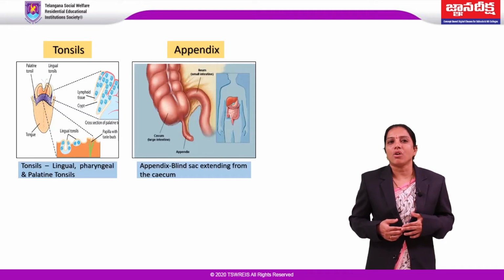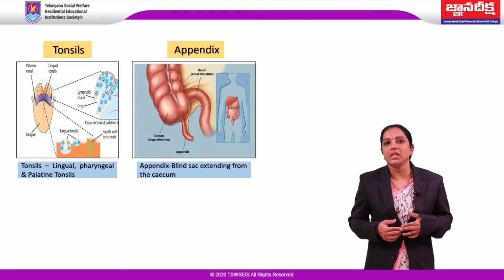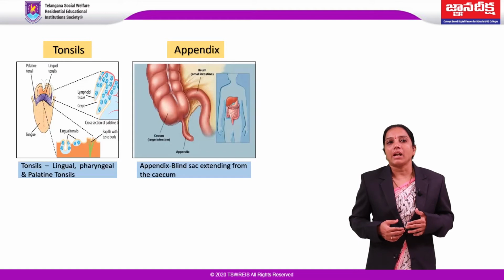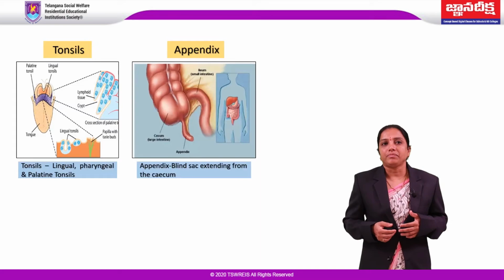All these tonsils mainly contain WBCs or leukocytes to trap and kill the microbes. And the appendix is a blind sac, a vestigial sac extending from the cecum region. It holds the organisms and prevents their passage into the other parts of the intestine.